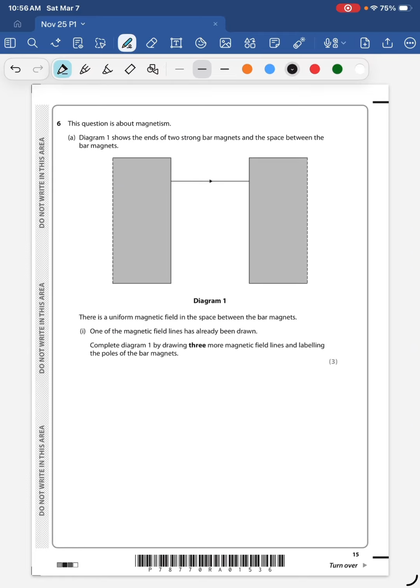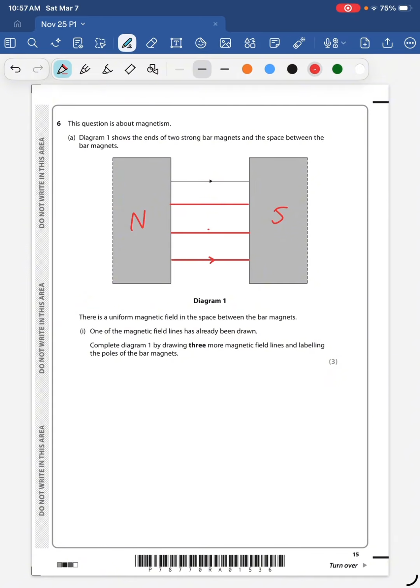First of all, the field goes from the north pole to the south pole because the arrow points to the right, as you see the page. And now we have to draw at least three more lines. They have to be equally spaced. So that's the first one, that's the second one, and that's the third one.